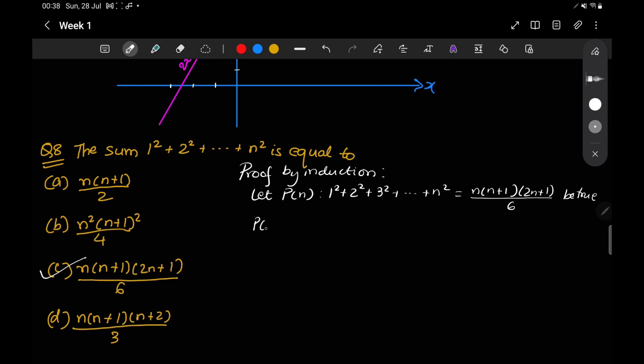Now first we will look at P1. This is 1 squared, which is equal to 1, and this is clearly equal to 1 into 1 plus 1 into 2 plus 1 over 6. So for n equals 1, this statement is indeed true.